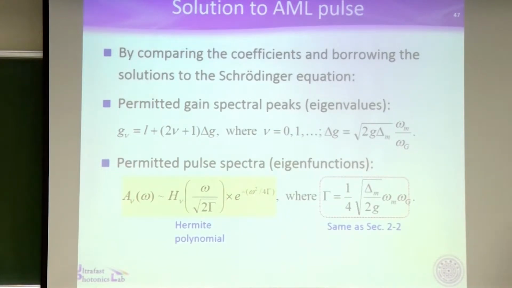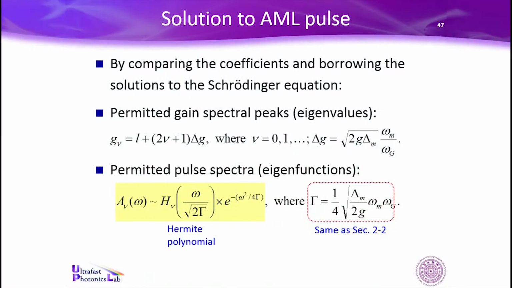And you can compare the result in section 2-2. At that time, we used the Gaussian pulse model. We also solved gamma. And actually, they are the same. So with two different approaches, either a Gaussian pulse model or coupled equations, you arrive at the same result. The pulse width formula is the same.